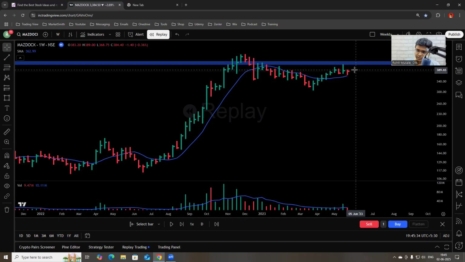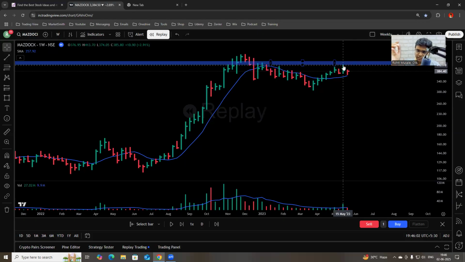The third category is where the stock is very near to the pivot. It's either less than 1% above the pivot or less than 1% below the pivot. It's almost at the pivot. So on the top right corner, nothing is written. By the way, for the second category, on the top right corner there is red color because it might say minus 5% from the pivot, minus 10%, minus 12% from the pivot.